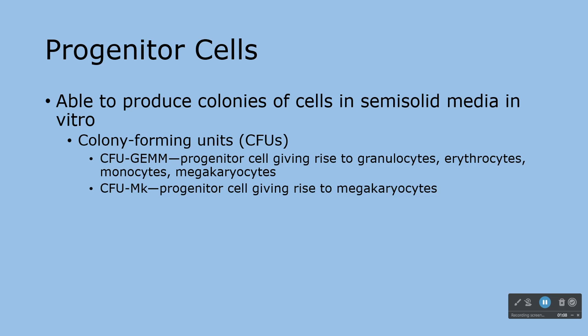Okay. All right. So progenitor cells are able to produce colonies of cells. Okay. So a while ago I talked about making antibodies in a lab. So what we do is we make cultures of cells. We may only harvest 1 or 2 or even 3 B cells from a source, like a blood sample.